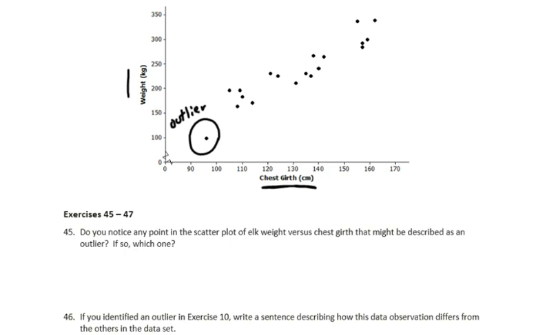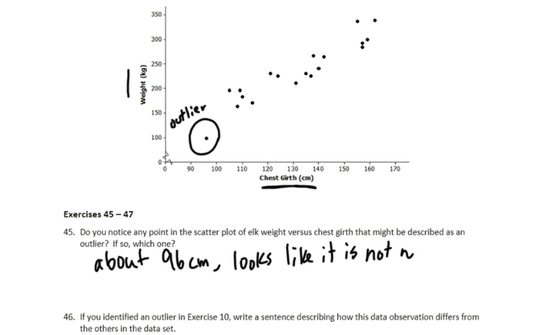The rest are kind of clumped together. So about 96 centimeters. It looks like it is not near any others. So that would be called an outlier.